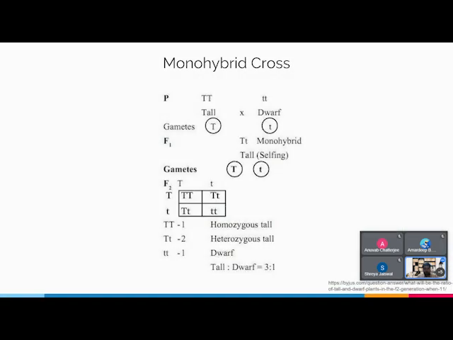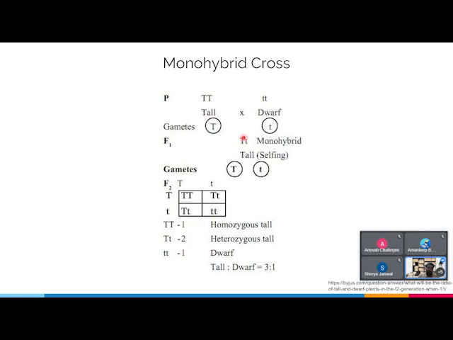Okay. So this is the easiest example of a monohybrid cross that Imtiaz is trying to do. He got one homozygous trait. In this case, it is tall with homozygous capital T and dwarf with small t. In the F1 generation, it will be a monohybrid capital T small t, which is essentially heterozygous for the tall trait.